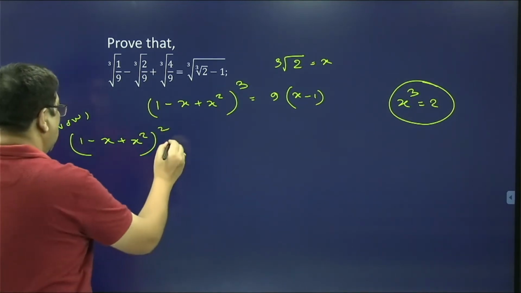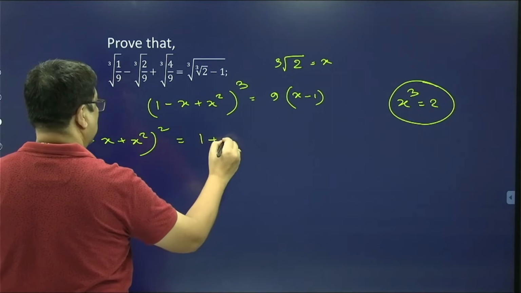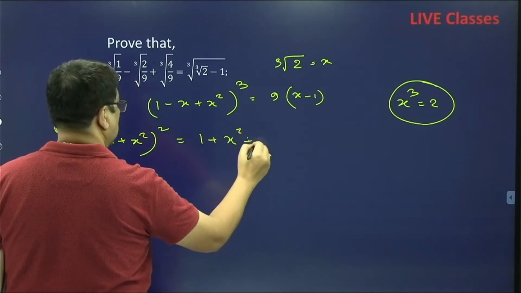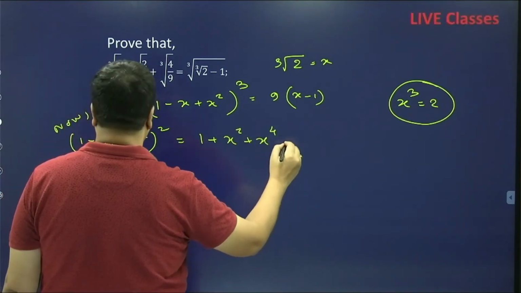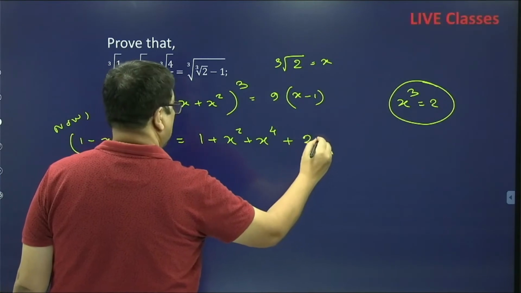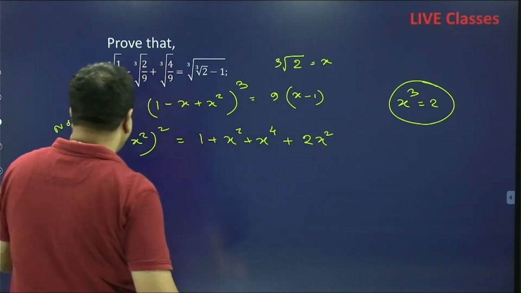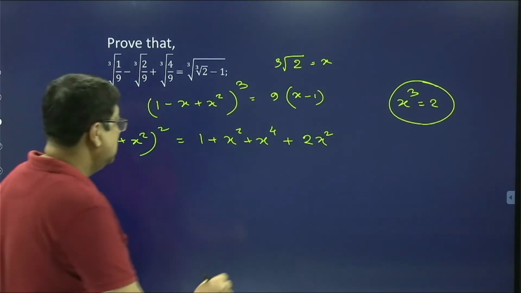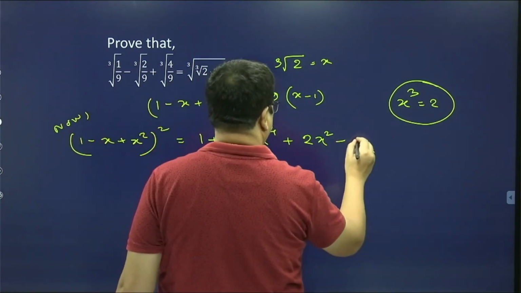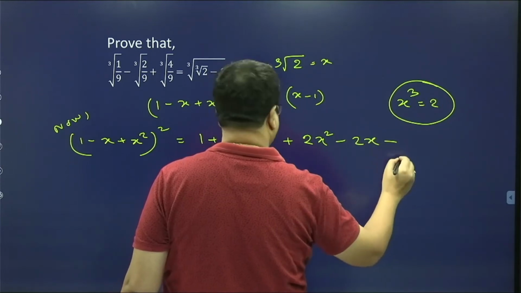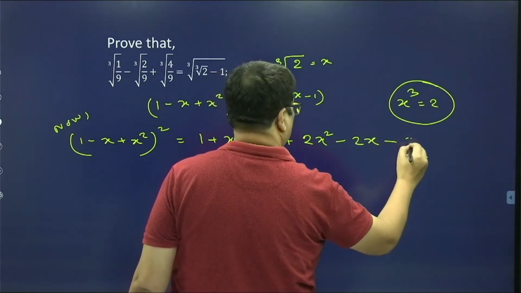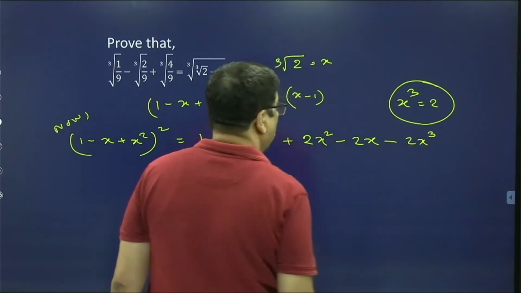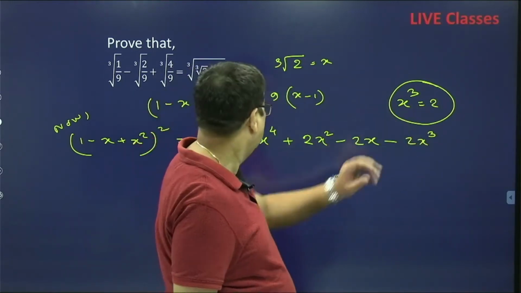If we write this, a square plus b square plus c square plus 2ab. Since minus is here, therefore minus 2x minus 2x cube. Let us put x cube equal to 2.